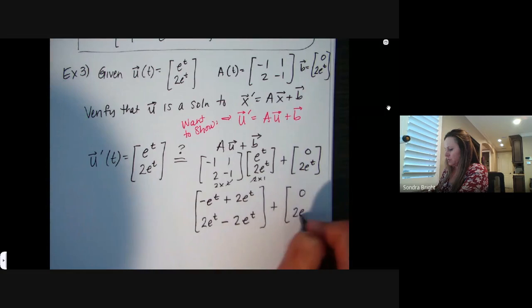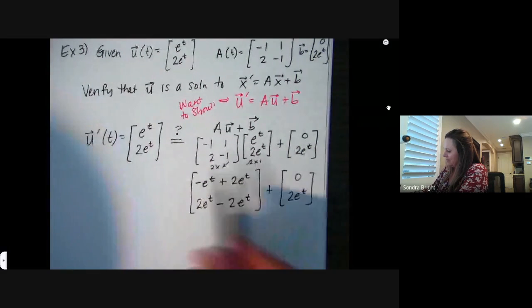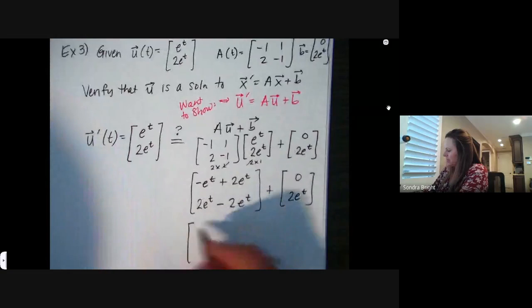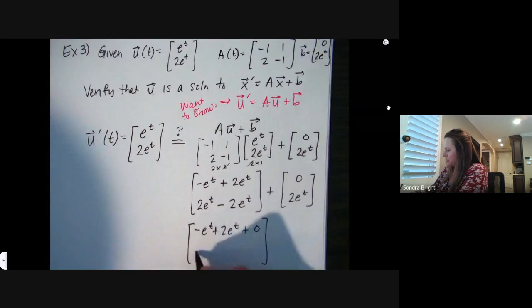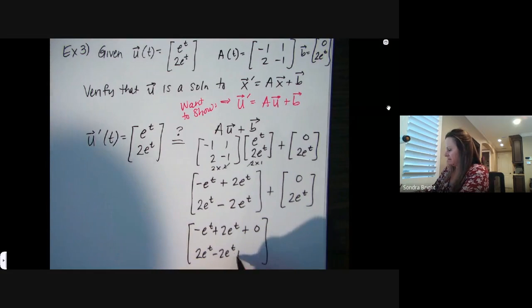Well, I can just add these together. This is -e to the t plus 2e to the t plus 0, and the second row would be 2e to the t minus 2e to the t plus 2e to the t.